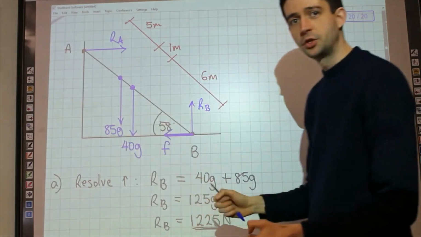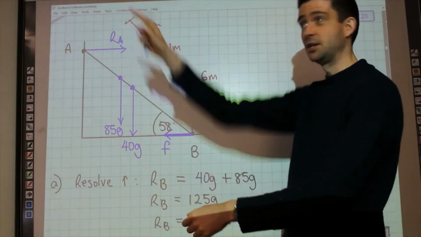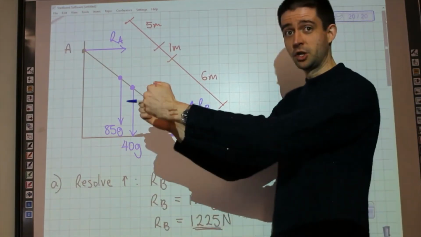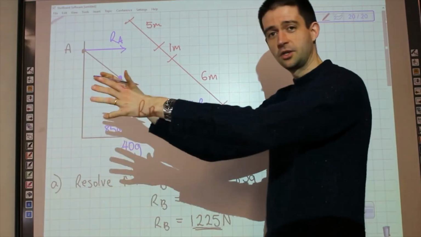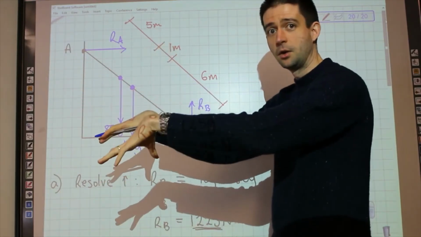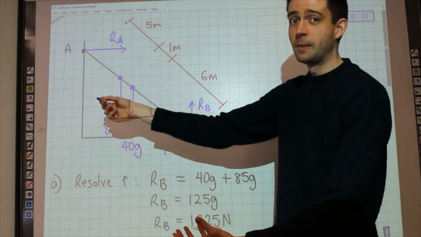If you're stood at the bottom of a ladder, it's really easy to wobble that ladder and make it rattle against the top of the wall. If you're stood at the top of a ladder, don't do it, but it's really hard because you're exerting so much turning force by your weight being on there. So the reaction at A is going to change as a result of the man moving.